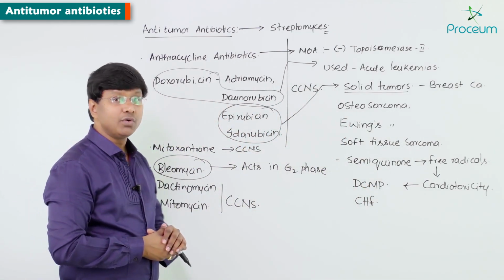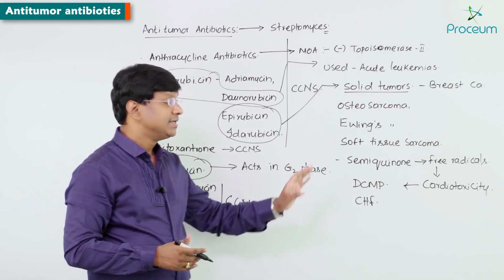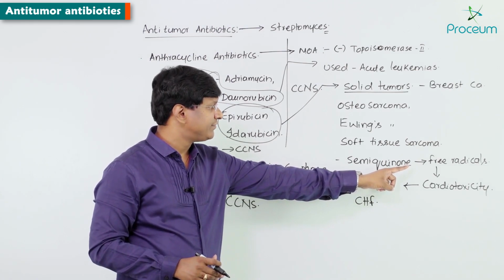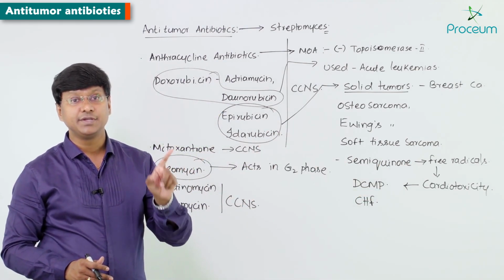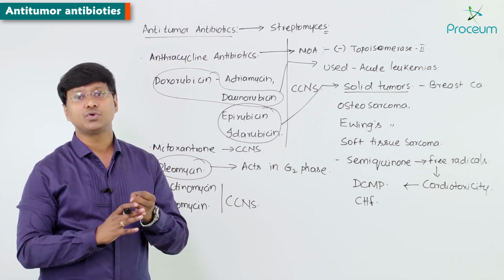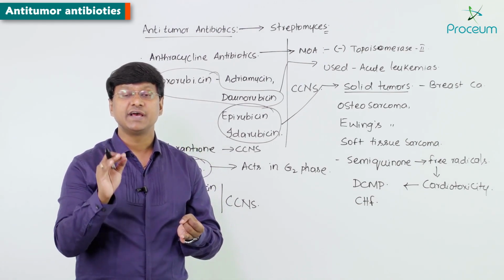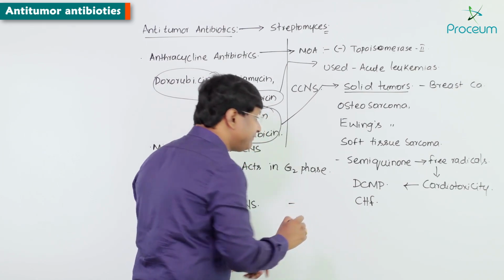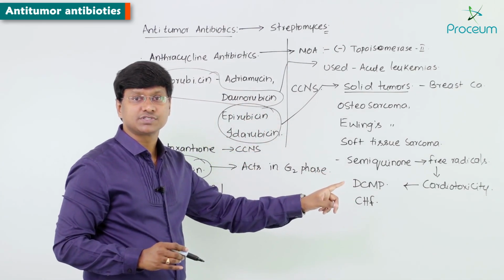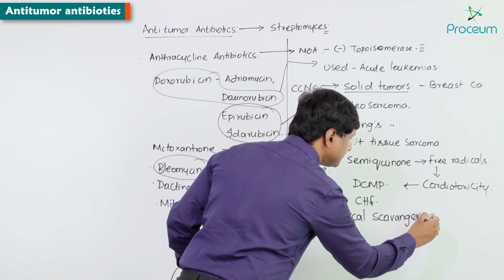Next, how can you reduce this adverse effect? Remember, the adverse effect is mainly because of the semiquinone free radicals, and it can be reduced by using free radical scavengers.